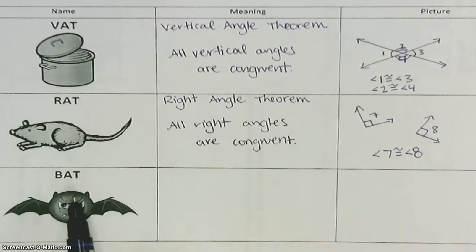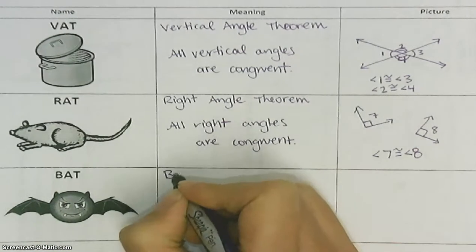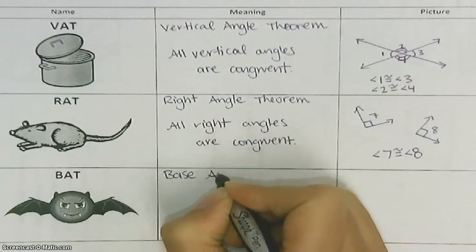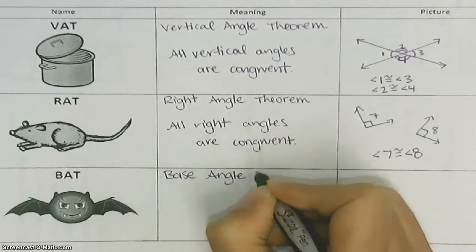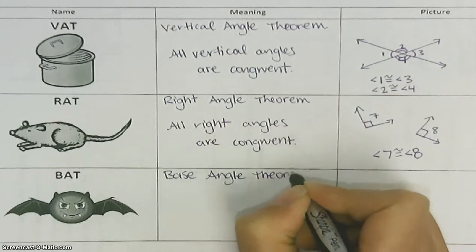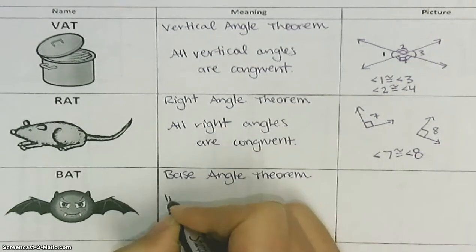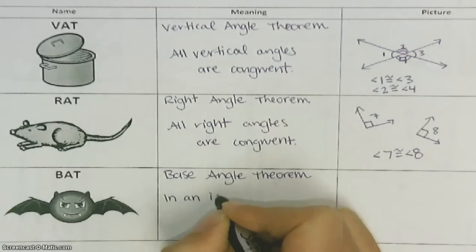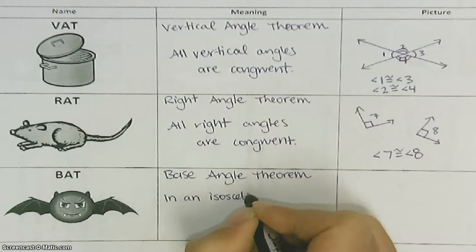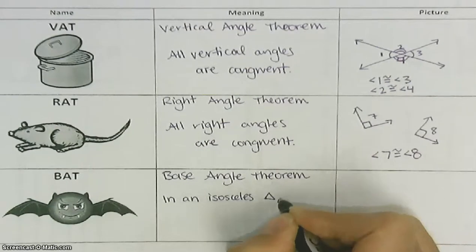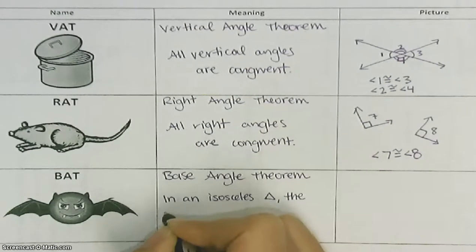Now this is the new one that we learned yesterday, and it's the BAT, the base angle theorem. The base angle theorem says in an isosceles triangle, the base angles are congruent.